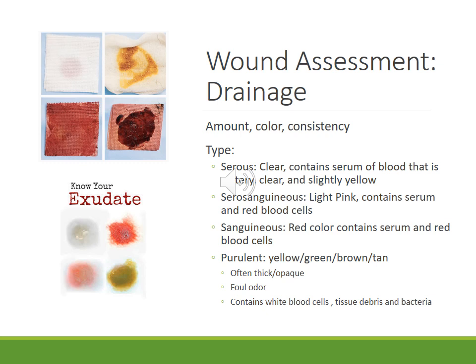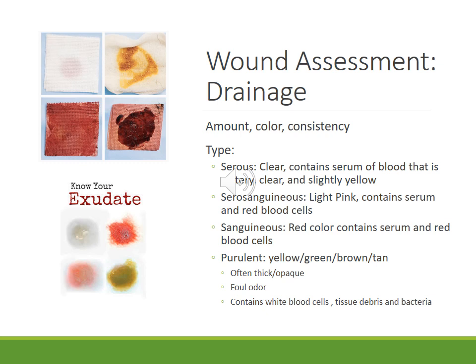We want to make sure we are using this correct terminology, especially when we're describing purulent drainage. We never want to use the term pus. We don't use that in our vocabulary as nurses because if you're trying to describe a wound that is pussy, if you spell that out and you read it, it says something else.